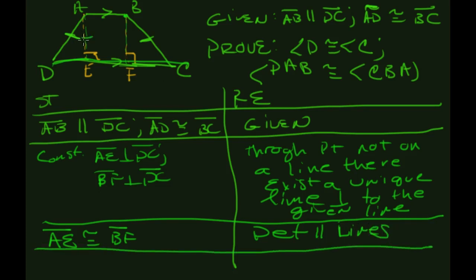Alright, so I now have this is congruent to this. Okay, that's a right angle because that's a right angle. Lo and behold, I made two right triangles here. I have the hypotenuse and leg of each triangle. So the triangle AED has to be congruent to the triangle BFC, and that's because of HL. Alright, so just being clear on where we are with this.